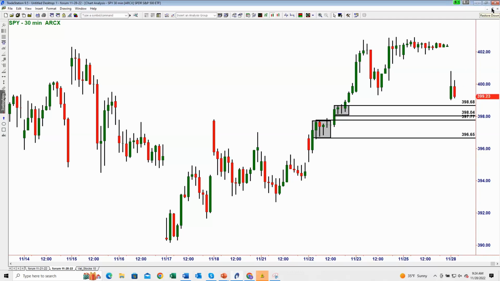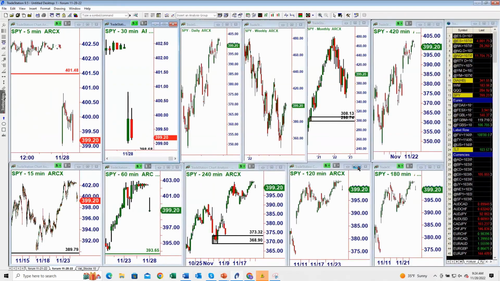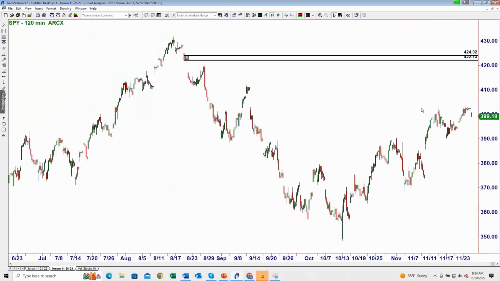And then on the supply side, we are going to move over to this chart right here. So what we'll notice here is there's a very big profit zone to the upside. Okay, there are little supply zones before that, but the 422 area is where the focus would be, right? That's the next likely bigger turning point to the downside.